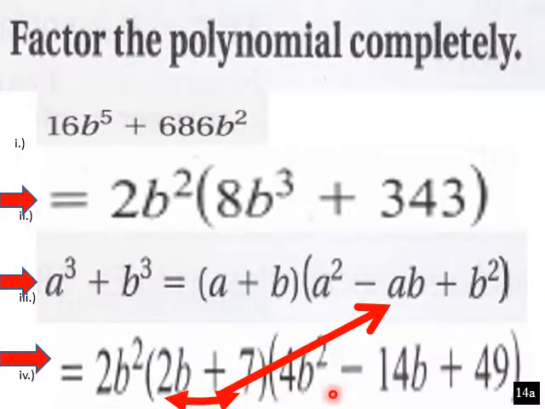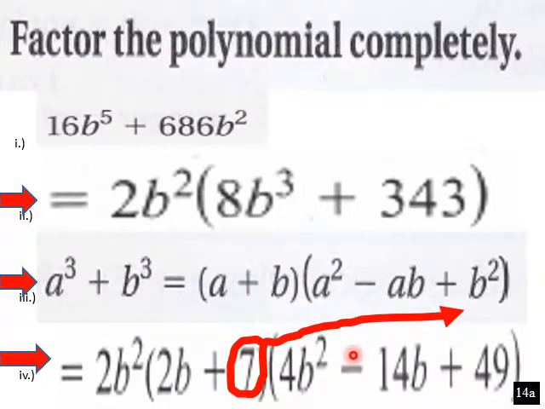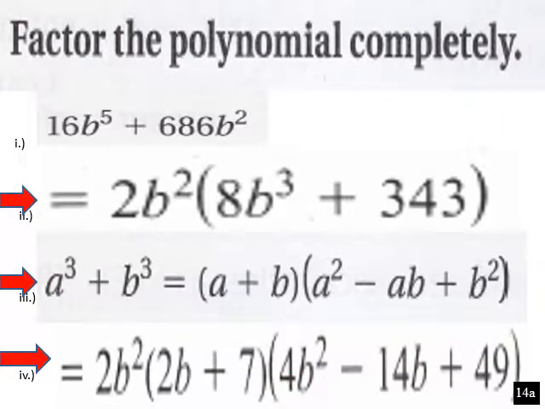And then ab would be 2b times 7, which would be the negative of 14b. And then 7 squared would be 49. That is how we derive this trinomial from the pattern that we established.